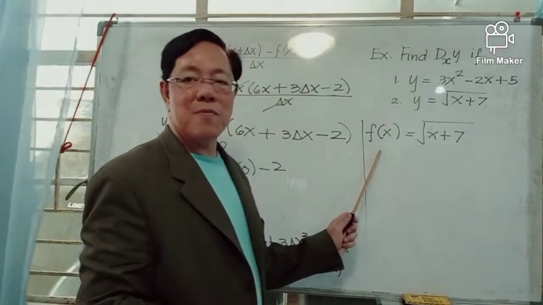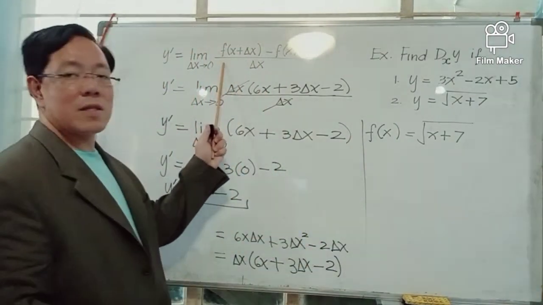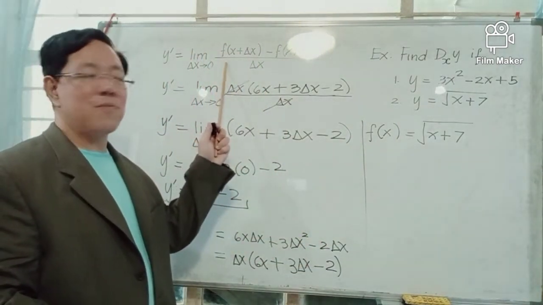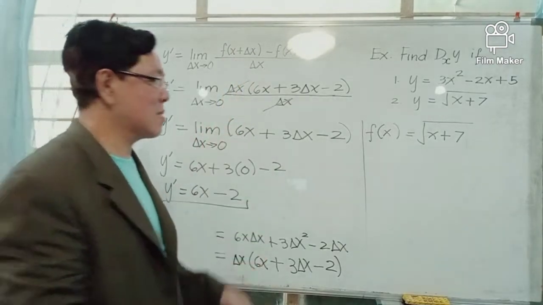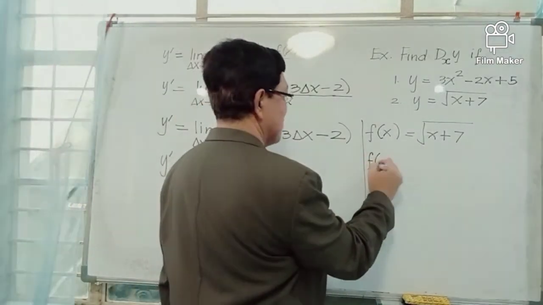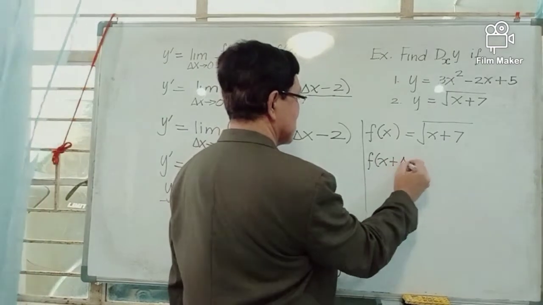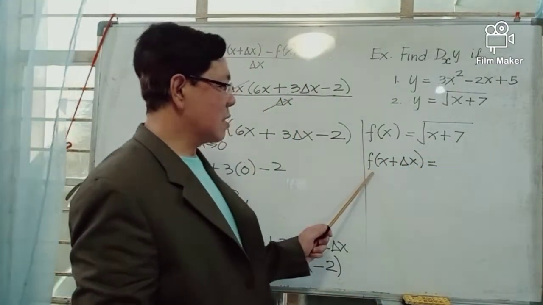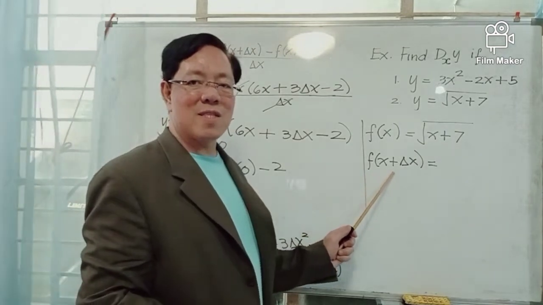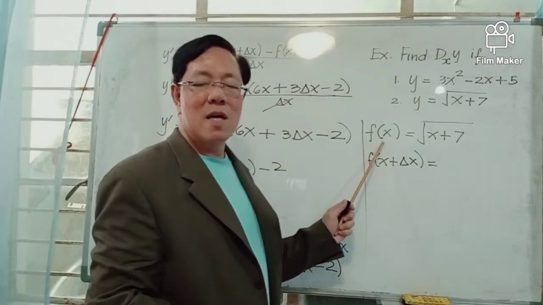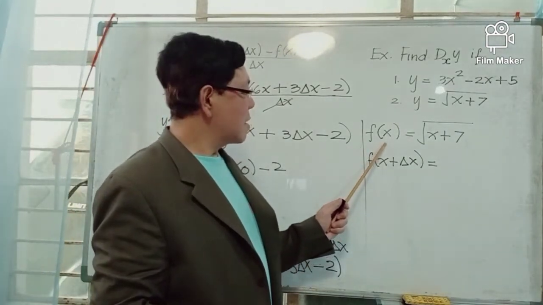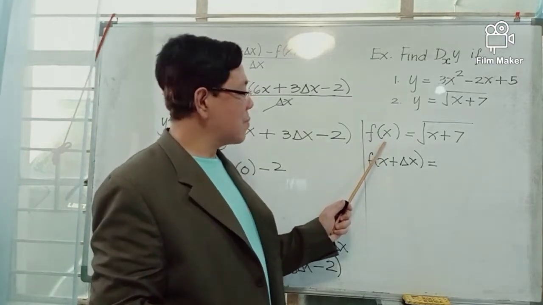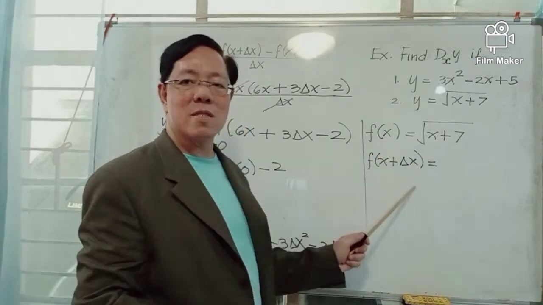And from f of x, we get the function value f of x plus delta x. We get this value f of x plus delta x from f of x by replacing every x with x plus delta x.